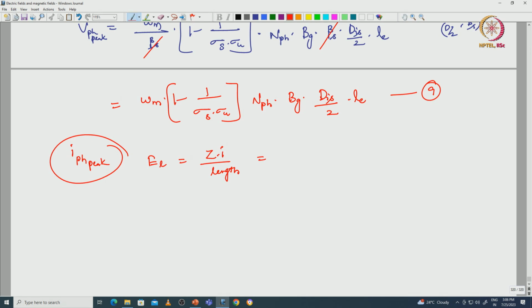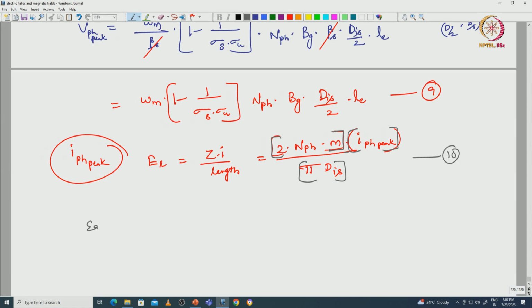The length with respect to the stator inner diameter is nothing but pi into dis, and the total number of conductors is N phase, the total number of turns per phase, into 2, which gives the total conductors, into M, the number of phases conducting simultaneously, and I phase peak value. This term represents the total number of conductors, this term represents the current, and the denominator term represents the length. So, this is equation number 10.